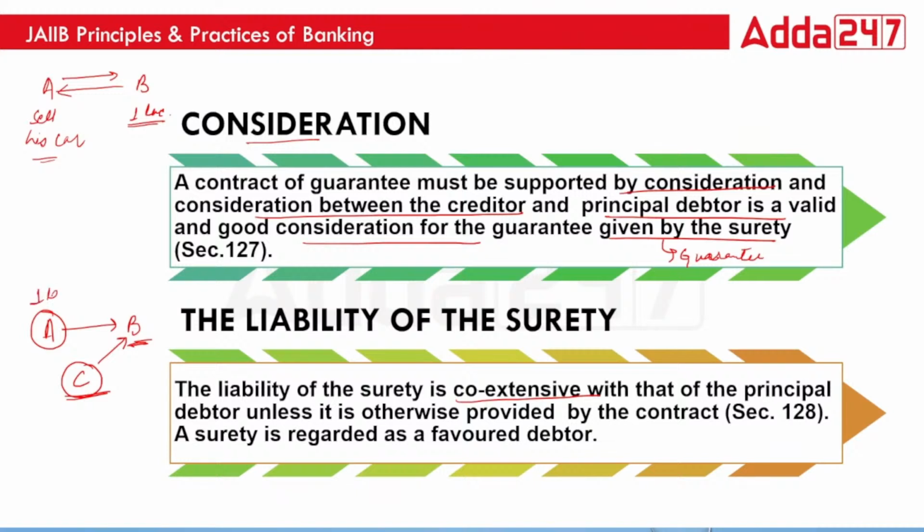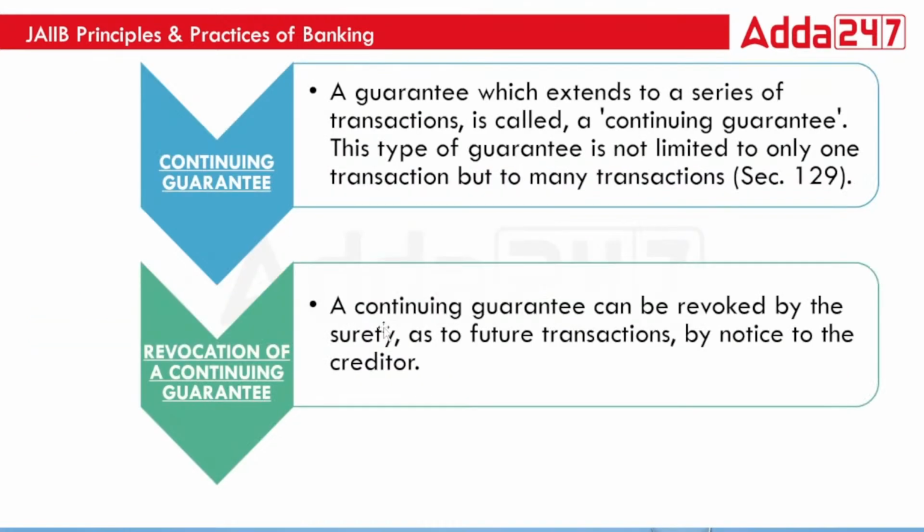If A had to pay 1 lakh rupees to B, the same responsibility lies with C also, that if A doesn't pay, then C will make that payment to B. So this is the liability of the surety.